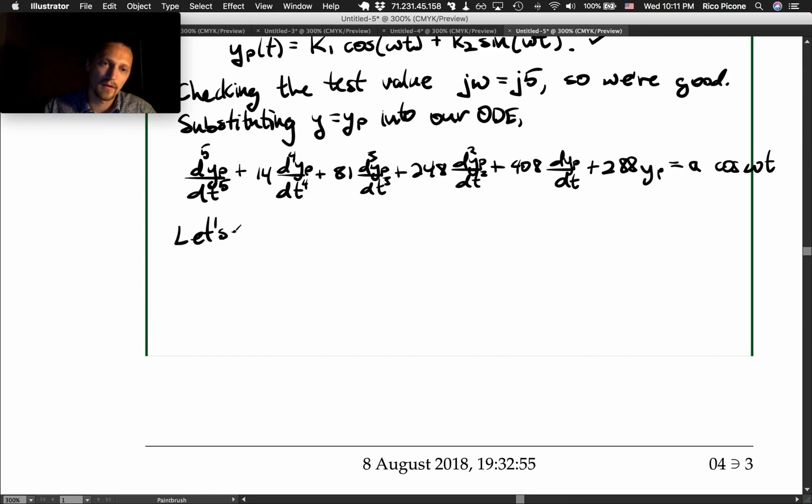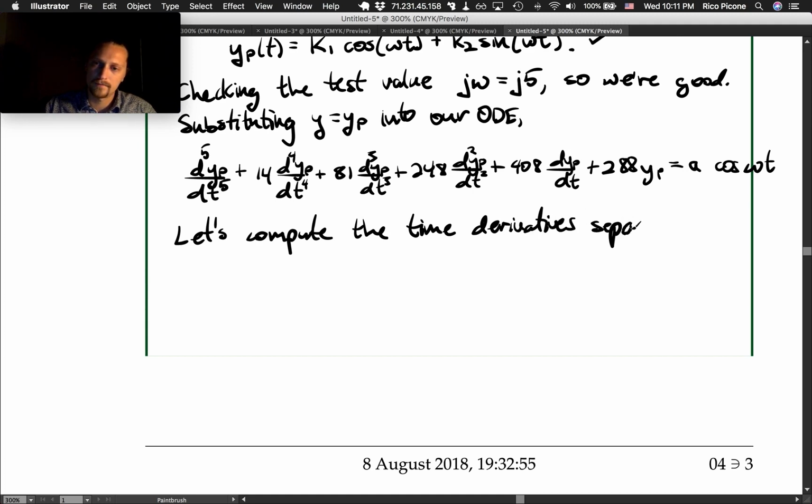Let's compute the time derivatives separately. We don't want to write that out in long form.